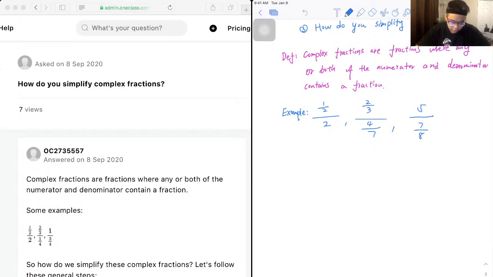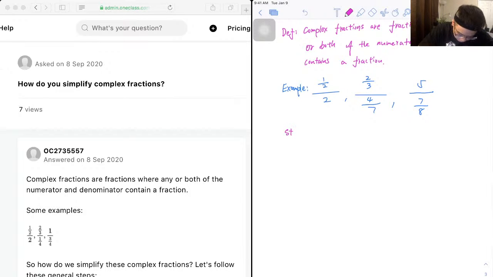And in terms of how to simplify all these complex fractions, let's follow the general steps. Step 1, we always need to find the common denominator.